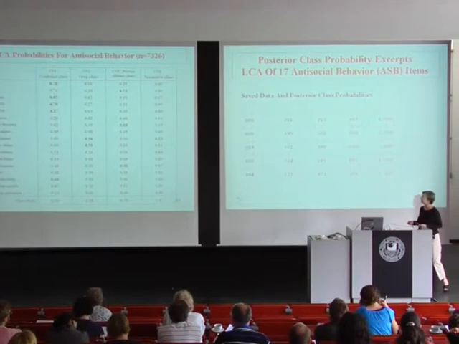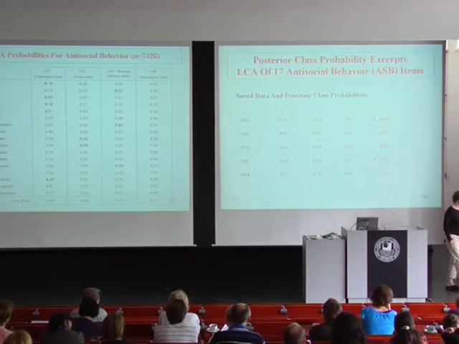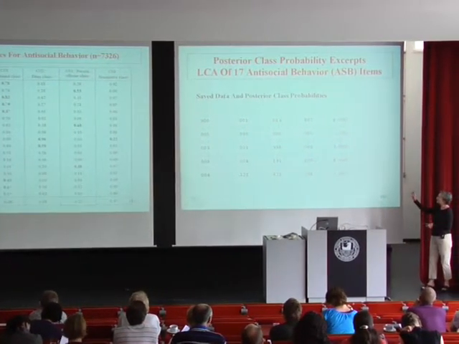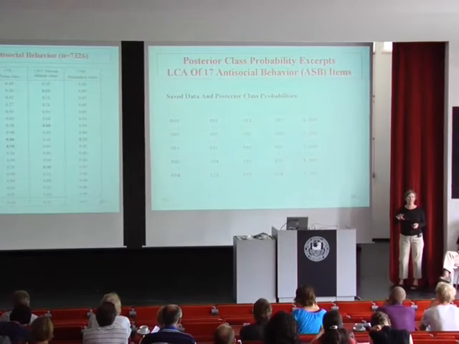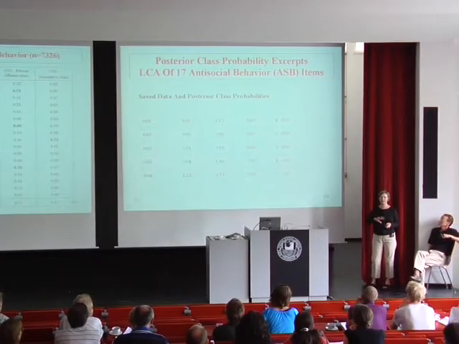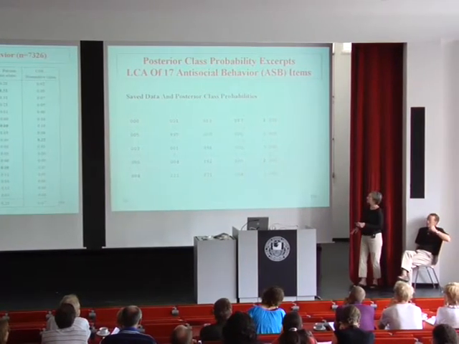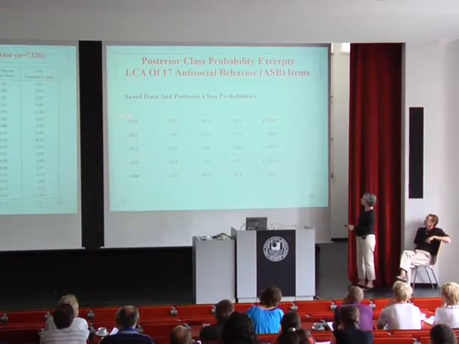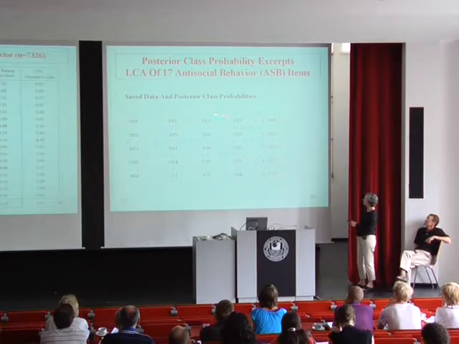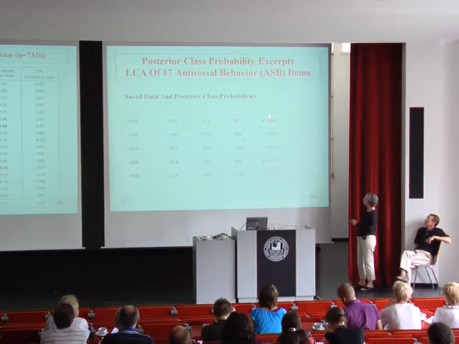So I think I have one last thing to show you before Bengt takes over. And this is when we said save data and we gave file equals and save equals cprobs, this is what gets saved. So the first line represents the data. These are the antisocial behavior items. You can see this person didn't endorse any of them.